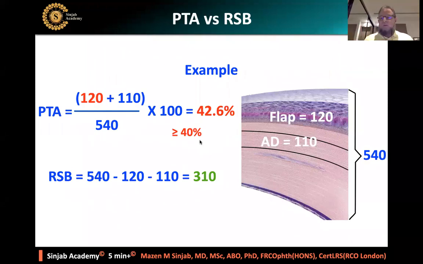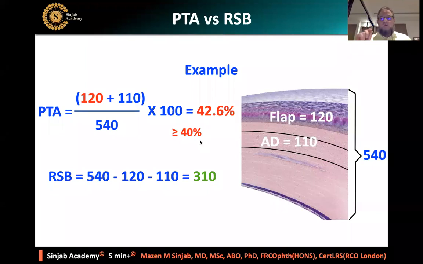Now, regarding the PTA, some doctors are still using the residual stromal bed as the cutoff point, but personally, I think the PTA is much better. Although some studies were published showing that the PTA has high sensitivity with low specificity, so we are going to exclude many patients who are suitable.